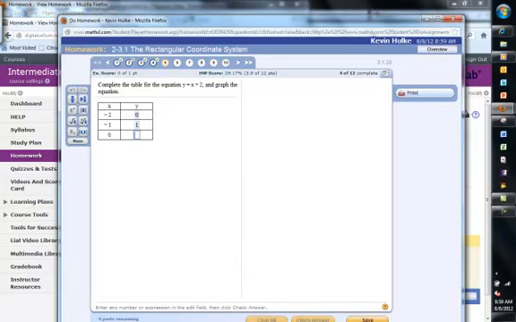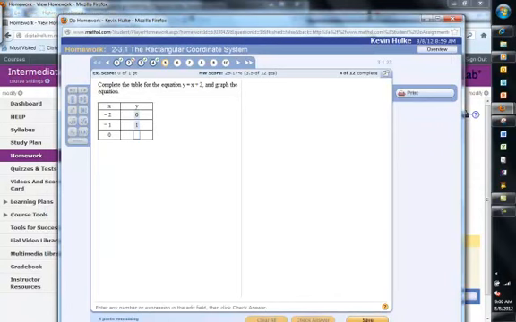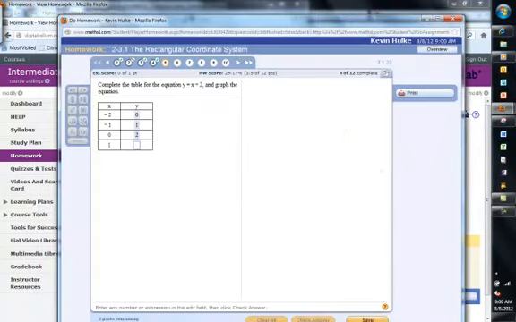And then try 0. Y equals 0 plus 2, which will be 2. And then finally 1. Y equals 1 plus 2, which is 3.